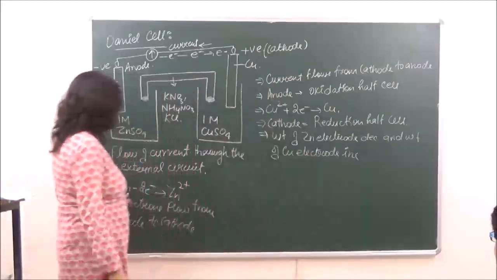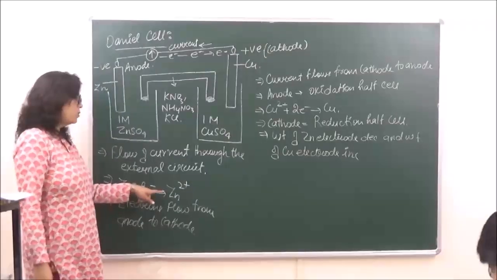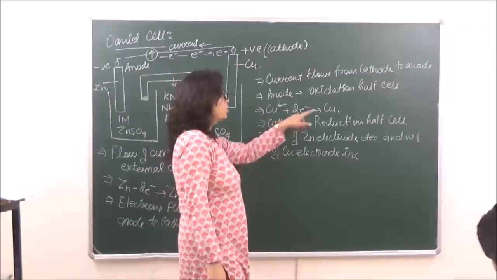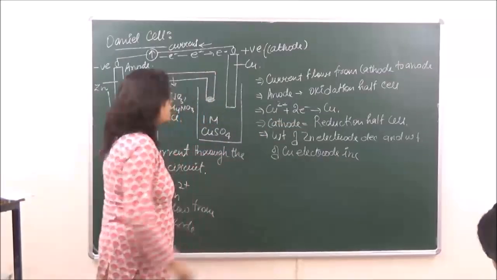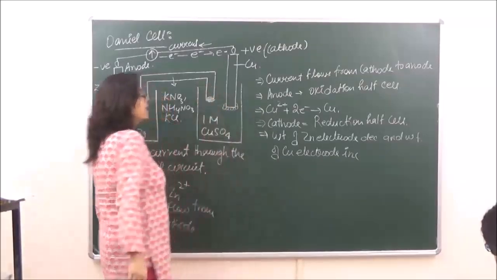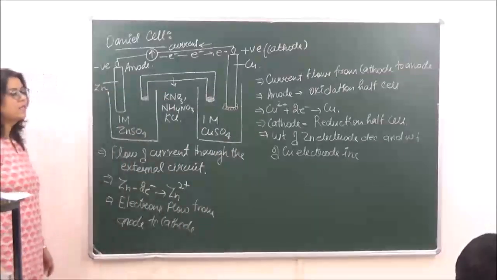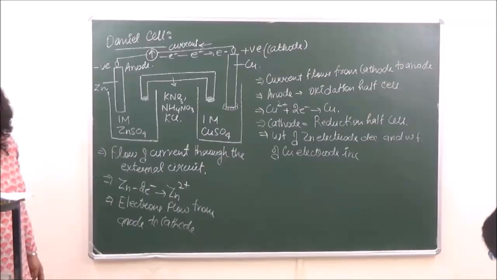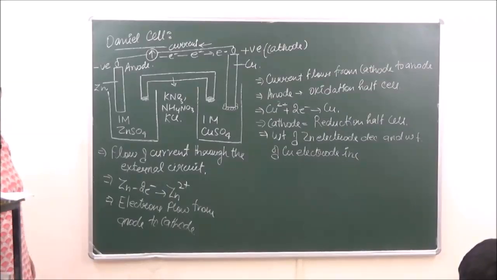Because over here zinc is losing 2 electrons to go into Zn2 positive state, whereas over here Cu2 positive is gaining 2 electrons to get copper. So slowly and gradually we can see that copper starts getting deposited at the copper electrode.